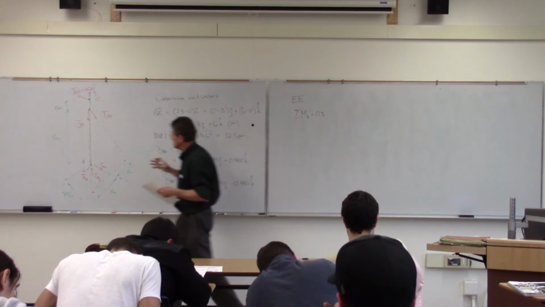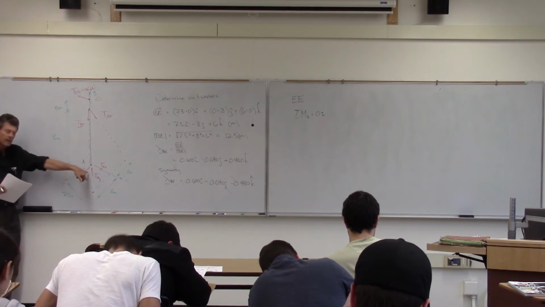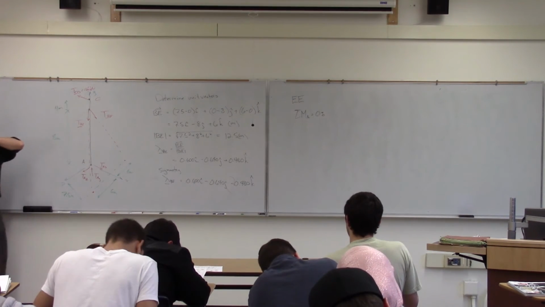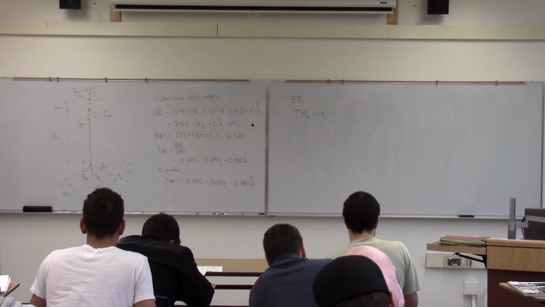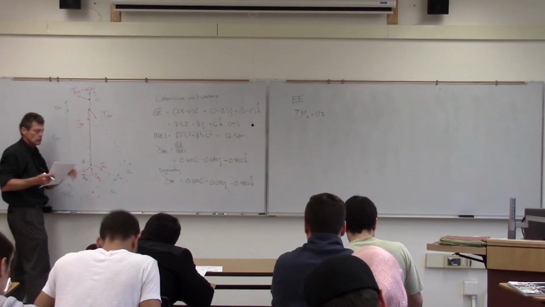Now, in terms of taking an equilibrium equation, what we'd like to do is take it where we've got the most unknowns. We've got 3 at A, and I've only got 2 up there at B. So we could do it either way, but I'd just as soon take it where I can eliminate most of them and get those 2 out of the way.